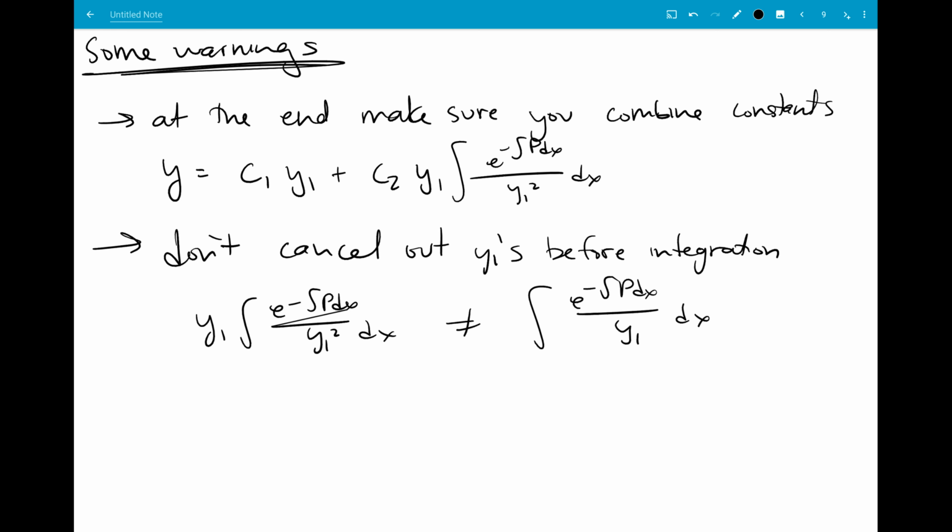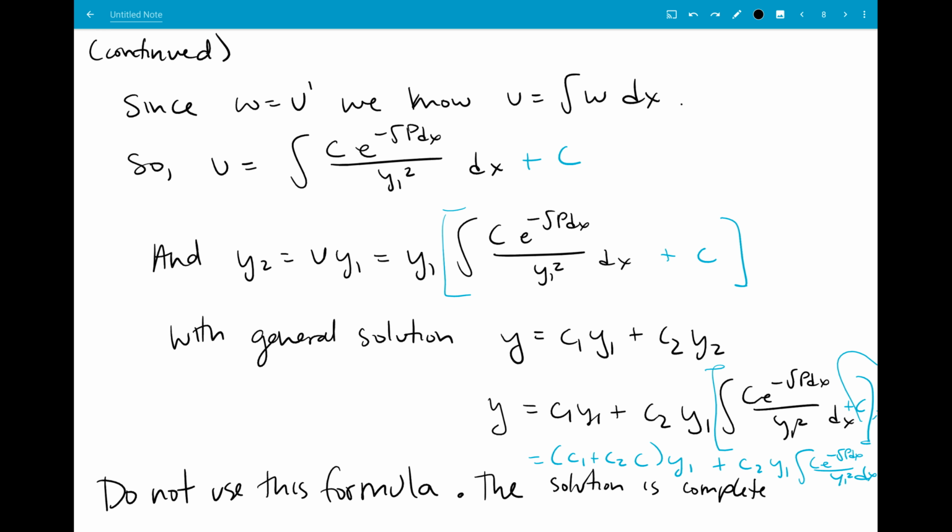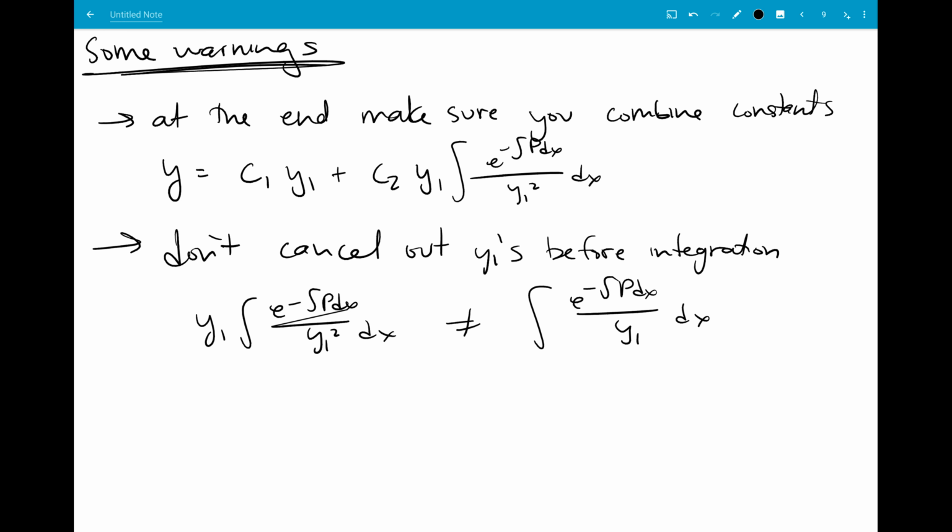That's not okay, so just don't try to move that y1 inside the integral. And I'm not sure if there's any other really big tips. Oh, I'll write again, don't use the formula. Because I just care that much that you don't use the formula.